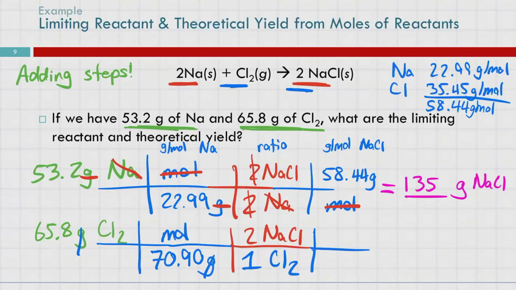And we get to use the same molar mass for sodium chloride. And I'll just strike through a bunch of stuff. The end result is we've figured out how to calculate our grams of sodium chloride.